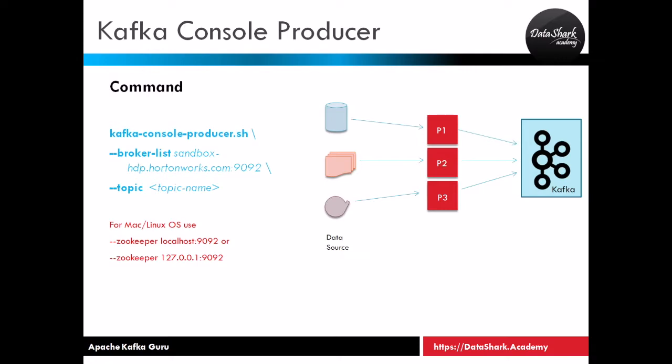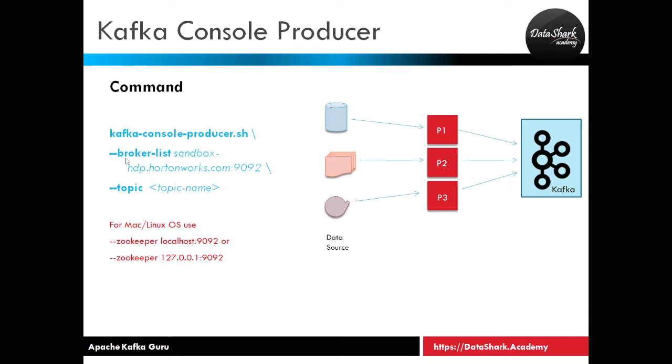All right. So the one thing that you need to keep in mind here is that instead of kafka-topics.sh, we are using a different utility here. It's called kafka-console-producer.sh. Okay, this is a console producer, which means that you will be typing the message or the data on the prompt, right?